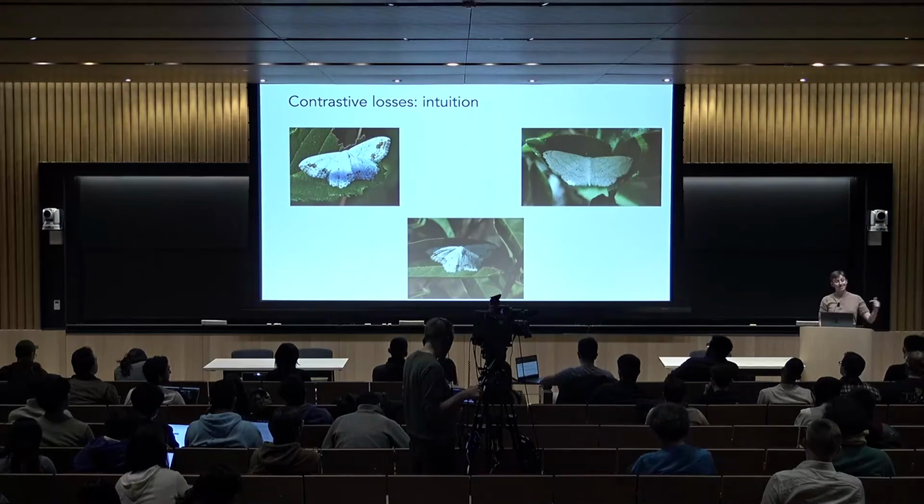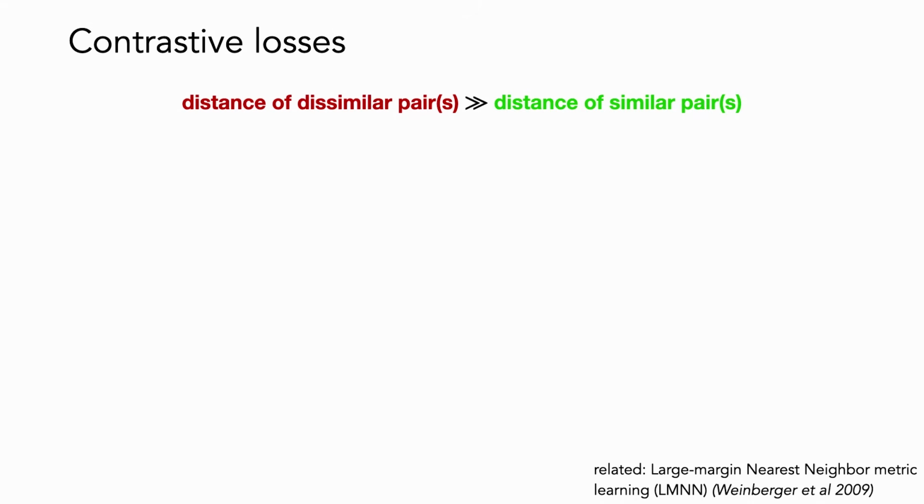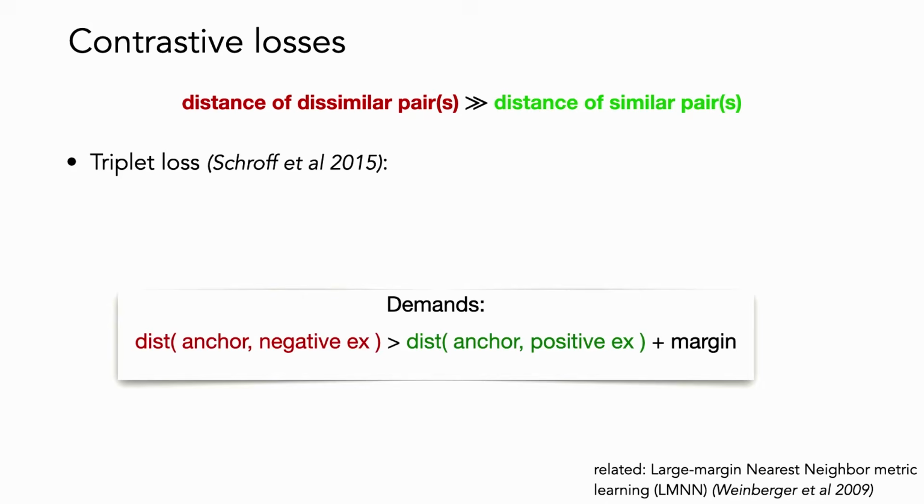So the way we translate this into machine learning is we try to build a loss that explicitly says that the distance between dissimilar pairs must be much larger than the distance between similar pairs. The very initial version that was introduced here is what's called triplet loss, which essentially demands that the distance between an anchor, so you have one point that you say is your anchor point, and then you have two other data points that are sent in too, and one of them is a positive example of the same as that anchor point, and the other one is a negative example that's different from that anchor point.